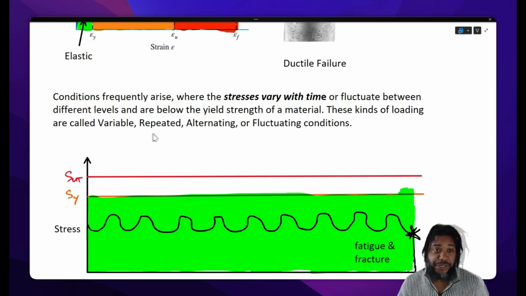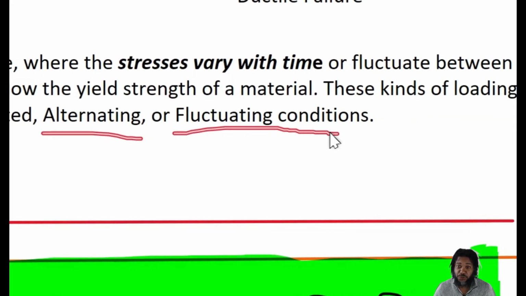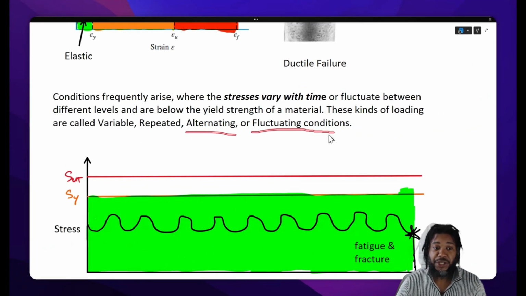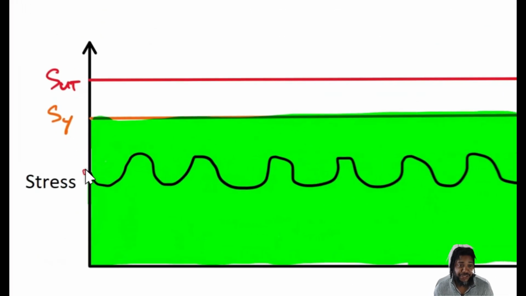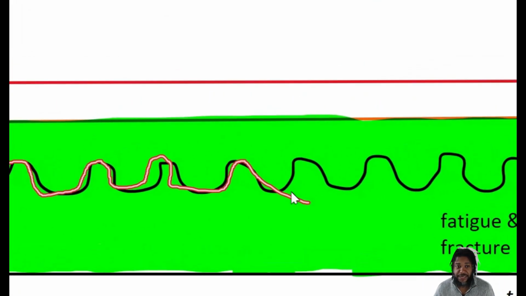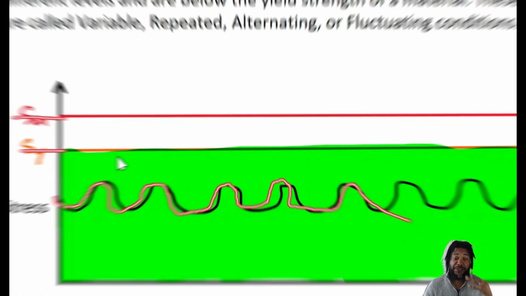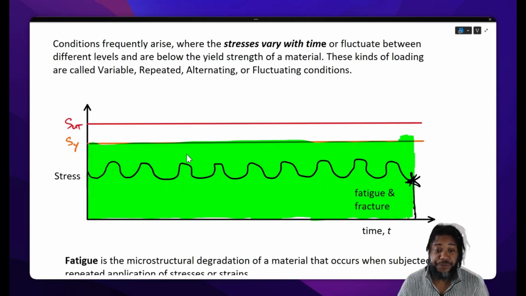This type of loading is called variable, repeated, alternating, fluctuating conditions, but it's also generally called fatigue loading. So it's a case where stresses are just fluctuating over time, and they can be below the yield strength and well below the ultimate tensile strength of a material.